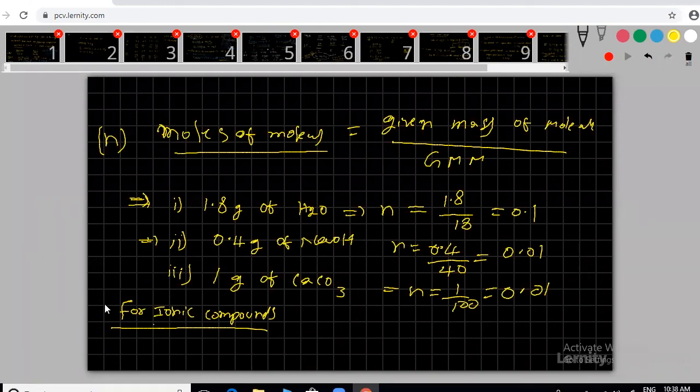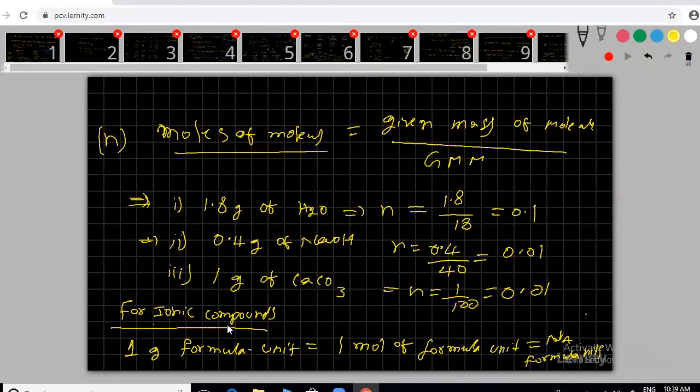Same as this, whatever they gave. 1 gram formula unit equals 1 mole of formula unit, which equals NA number of units, NA formula units.